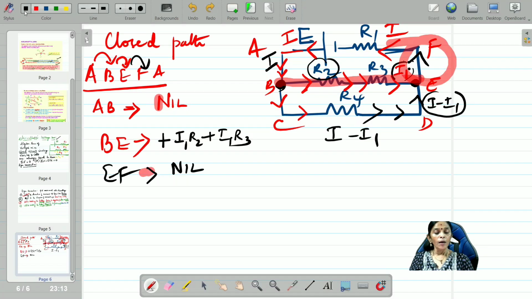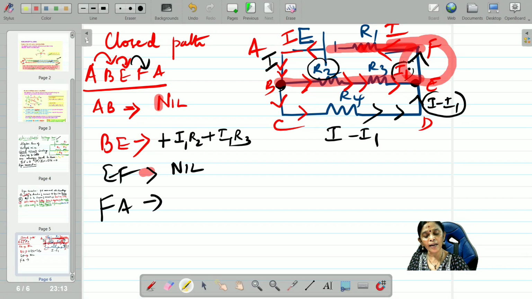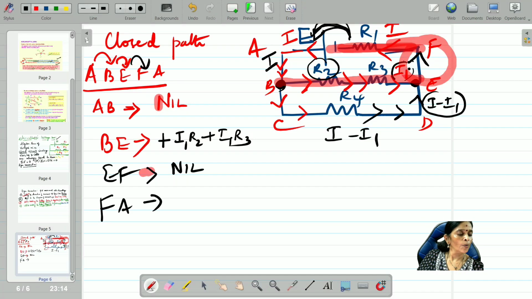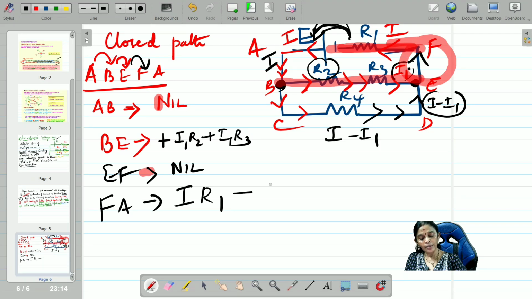Next, F to A. How are you going from F to A? Can you check here? Along the direction of the current you are going, and at the same time you are crossing the battery from negative to positive. So therefore, F to A is nothing but, along the direction, I into R1 minus E. That is all.